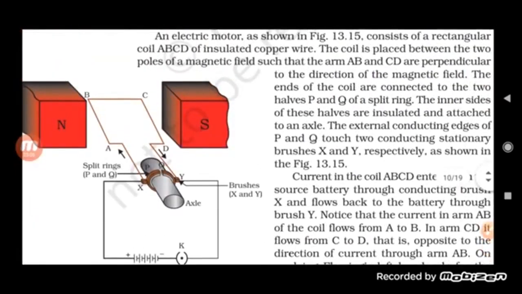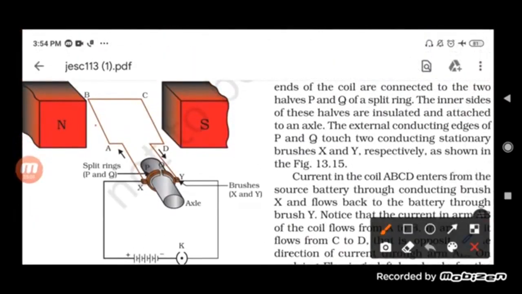Similarly, when the current comes to CD, the direction of force will be upward. So when the current moves from AB, it moves downward, and at CD, it moves upward.